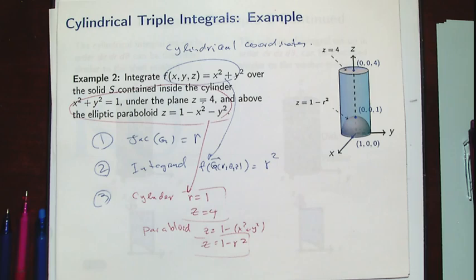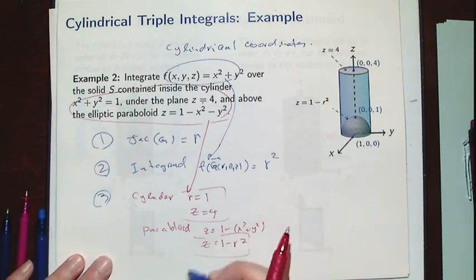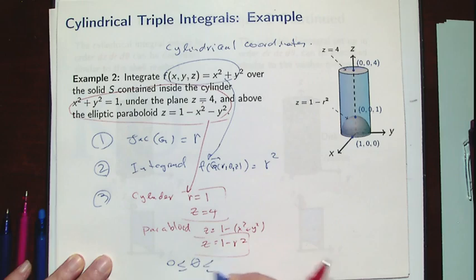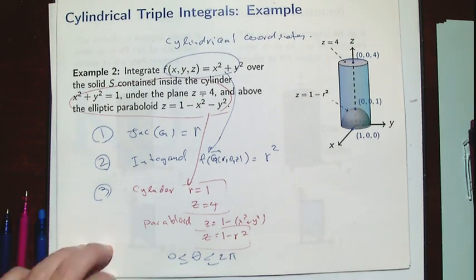Is there any surface that stops theta? No. It's not necessarily always, but here there's no surface bounding theta. So theta is going to be between 0 and 2 pi.